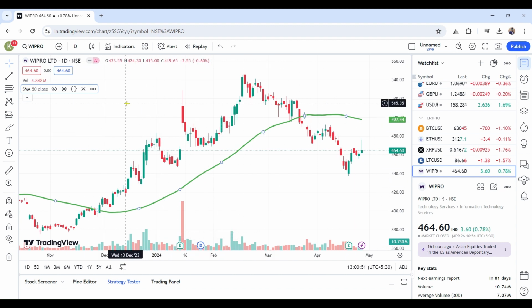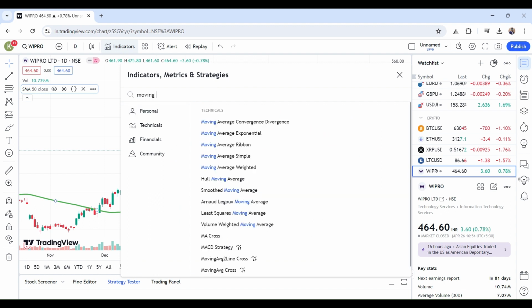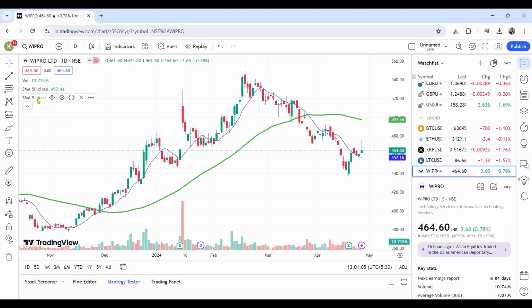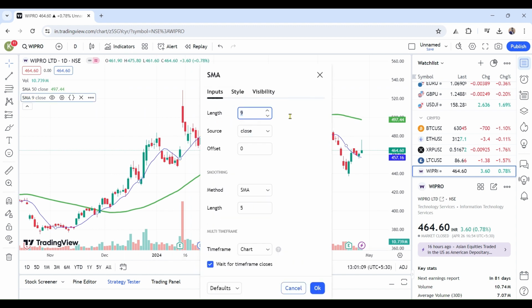Likewise, I'm gonna add another moving average, that is 200 days moving average. Similarly, just type moving average, click moving average simple. It would add 9 days by default. Just double click to change the settings.